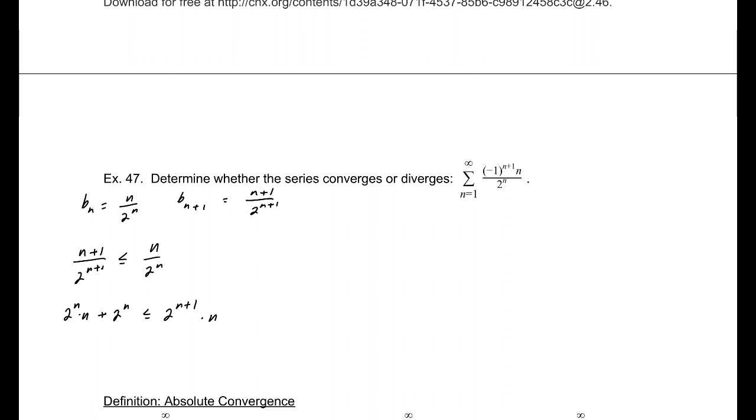Let's see what I can do. Let's rewrite this: 2 times 2^n times n on the right. If I subtract a 2^n times n from both sides, that'll be 2^n is less than or equal to 2^n times n.